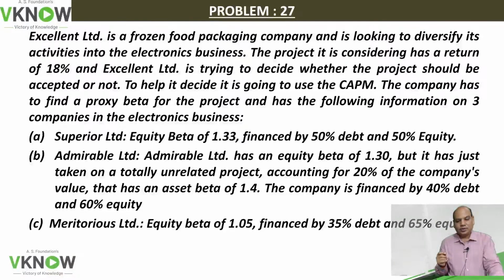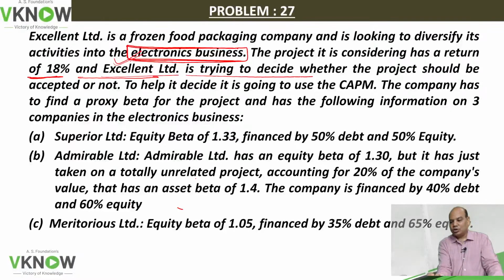So let us start. Excellent Limited is a frozen food packaging company and is looking to diversify its activities into the electronics business now. The project it is considering has a return of 18% and Excellent Limited is trying to decide whether the project should be accepted or not.